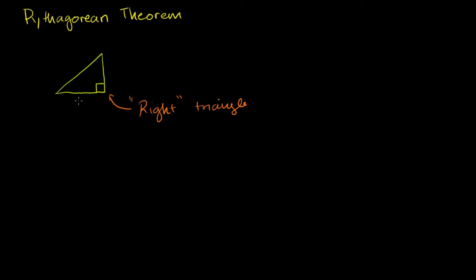So if this side is A, this side is B, and this side is C. And remember, the C that we're dealing with right here is the side opposite the 90-degree angle. It's important to keep track of which side is which. The Pythagorean theorem tells us that if and only if this is a right triangle, then a squared plus b squared is going to be equal to c squared.